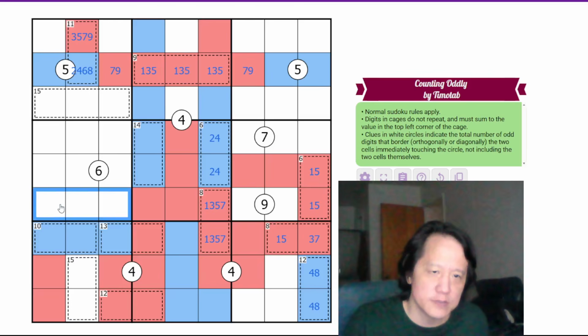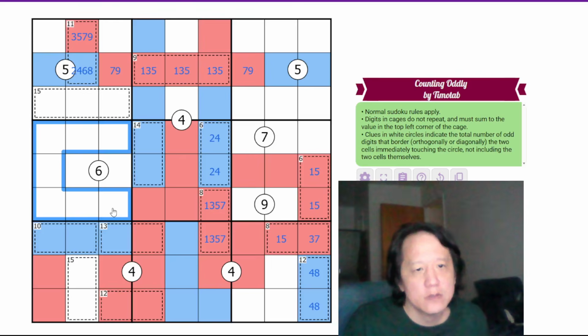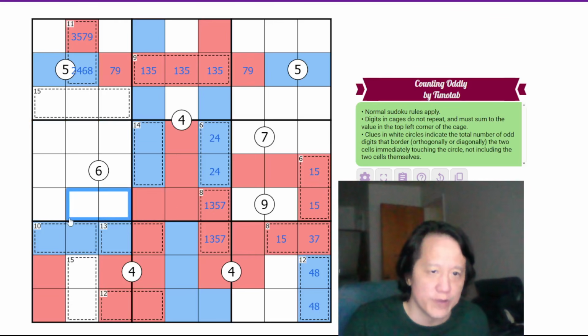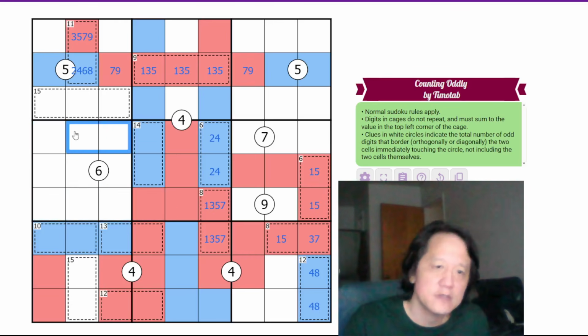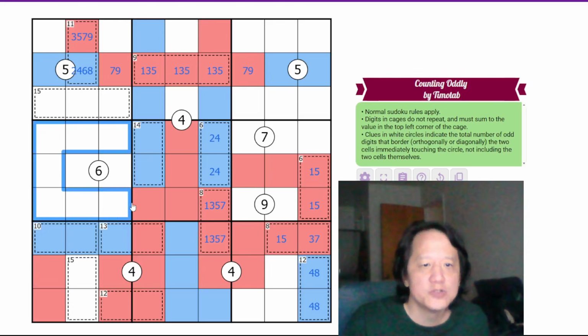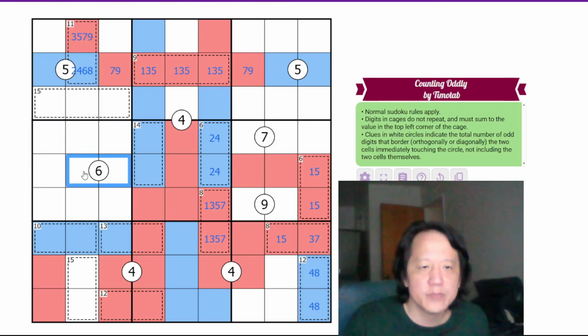2 evens there. That means we have 1 odd here. We have 5 odds remaining surrounding this pair, which accounts for all the odds in the box. Which means this can't be odd, it's even.